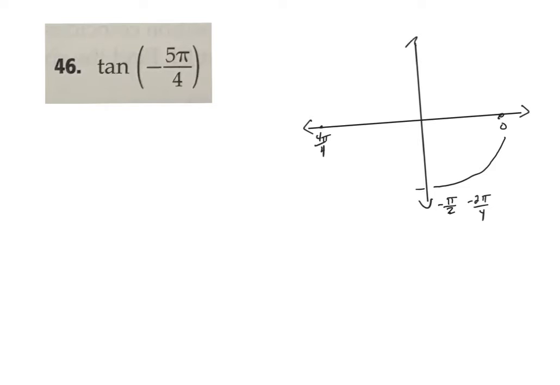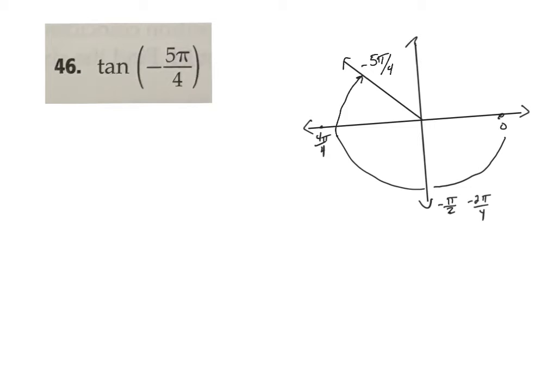Then I get to negative 4 pi over 4 here. I'm still not at negative 5. Negative 5 pi over 4 is going to be in this quadrant right here, and it's actually going to be my 45-degree angle, because that's what pi over 4 is. If I kept going around, this is where I would get to negative 5 pi over 4.